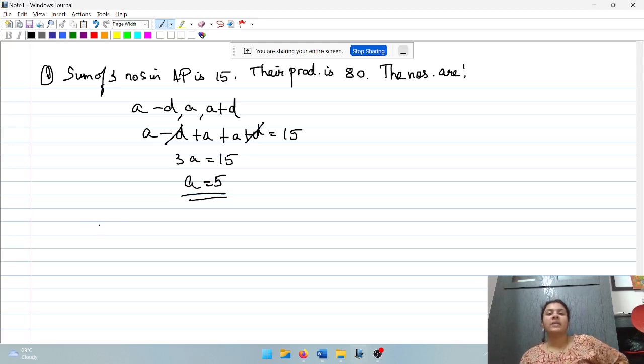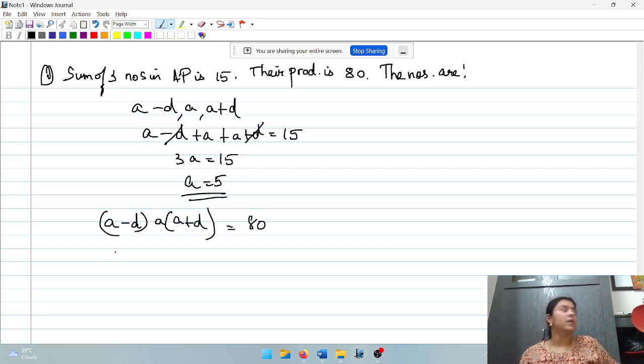Now their product is 80. So I can say A minus D into A into A plus D is equal to 80, which indicates that 5 minus D into 5 into 5 plus D equals 80.